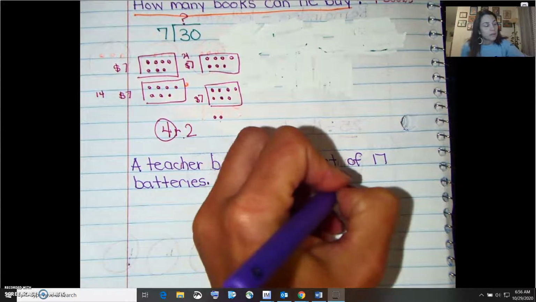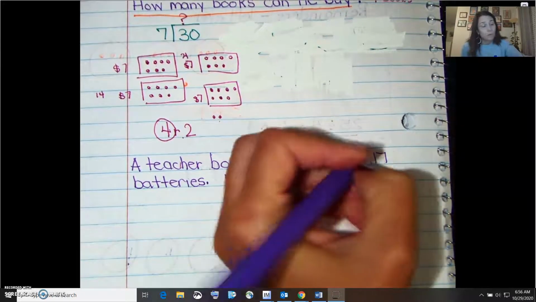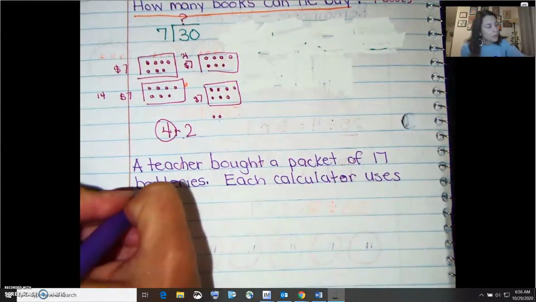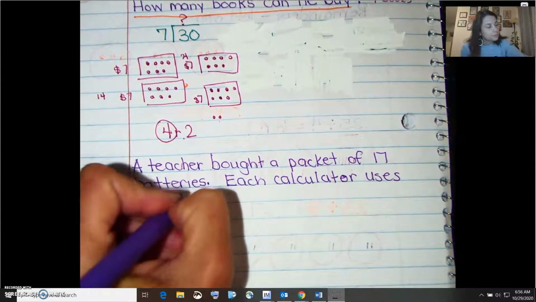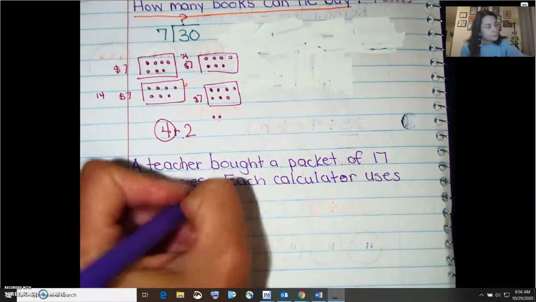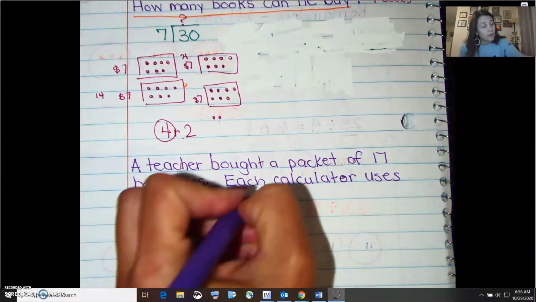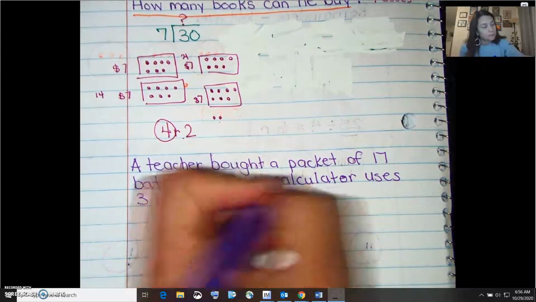Each calculator uses 3 batteries. How many calculators can we fill?